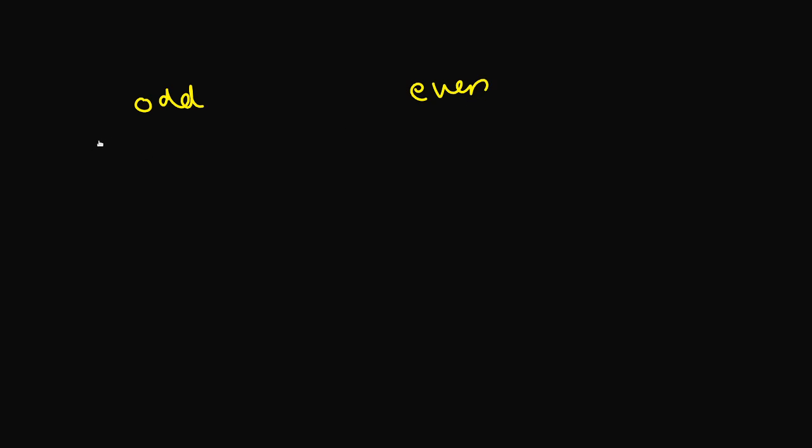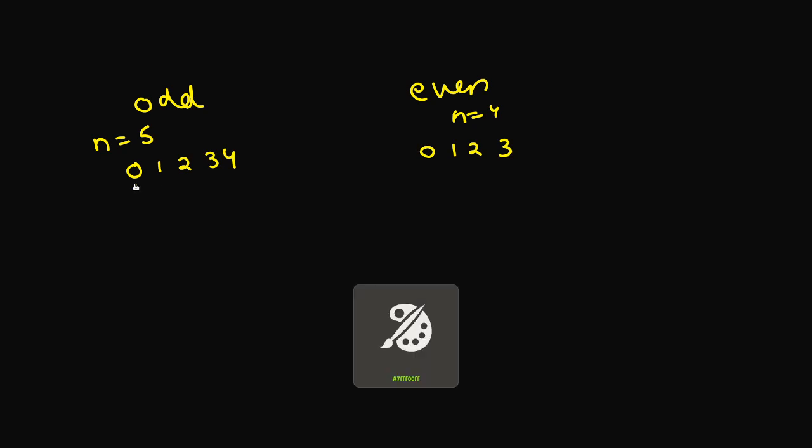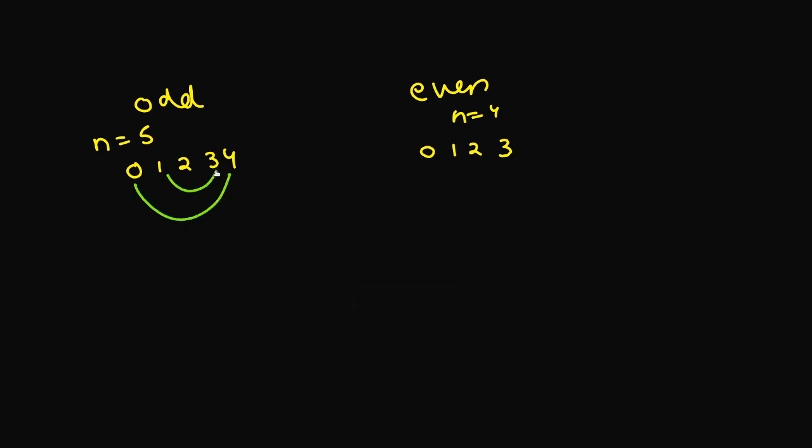Say for example, n is 5 and the string that we have is 0 1 2 3 4, and in the other case n equals 4 and the string is 0 1 2 3. So 0 gets swapped with 4, 1 gets swapped with 3, and 4 appears here and 0 appears here, 3 appears here and 1 appears here, and you leave the 2 as it is because you only run this algorithm till less than half of the string.